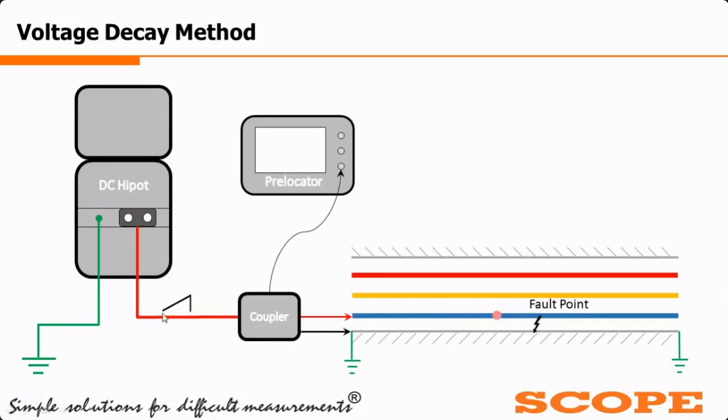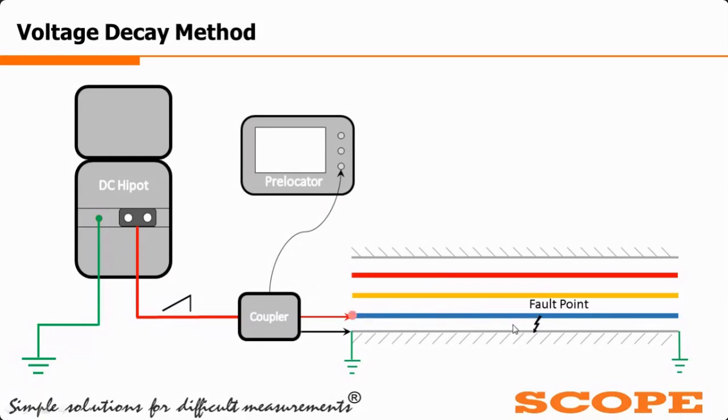During the application of the DC high pot, the cable gets charged, and it will discharge within itself, as you can see. The voltage transients travel from the fault point towards the instrument, and again travel back and forth towards the fault point.